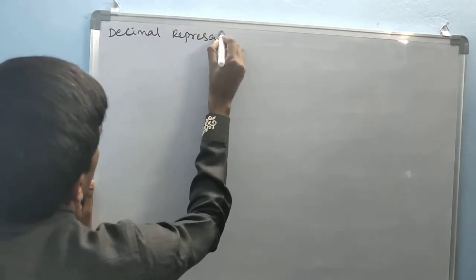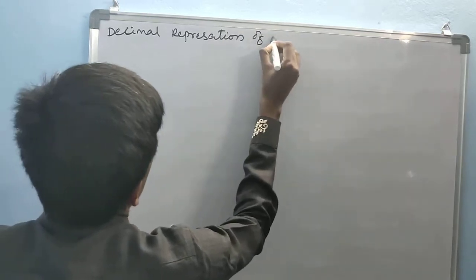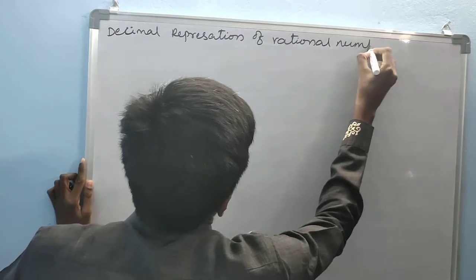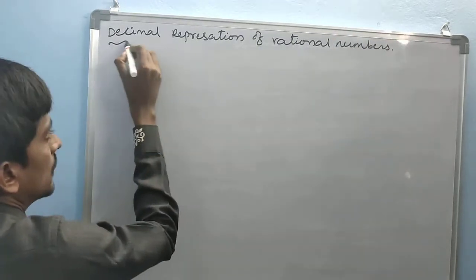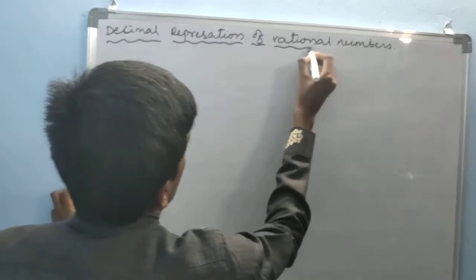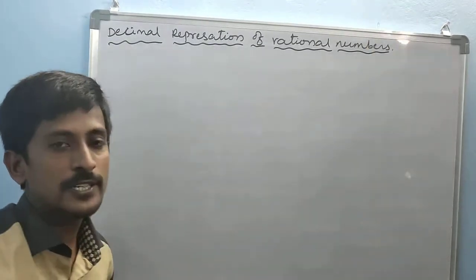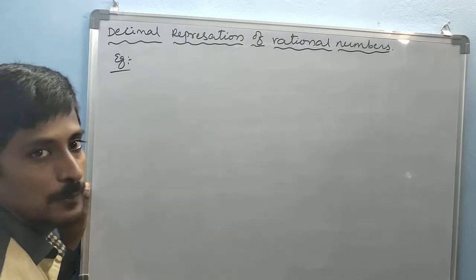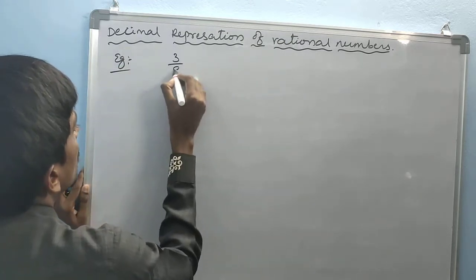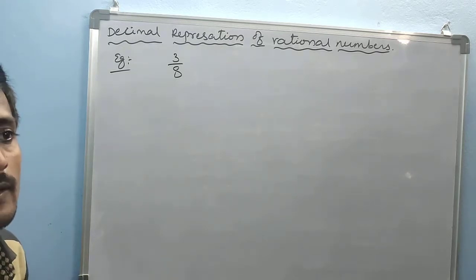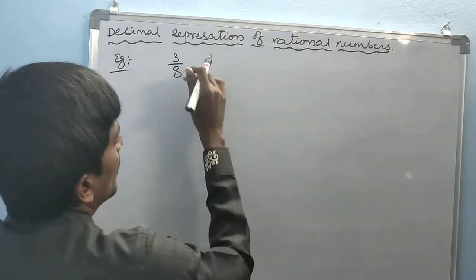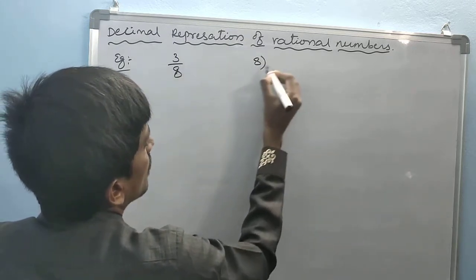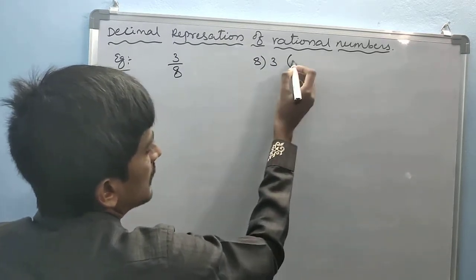Decimal representation of rational numbers. For example, 3 by 8. What is the value of 3 by 8 in decimal form? 8 ones are 8.